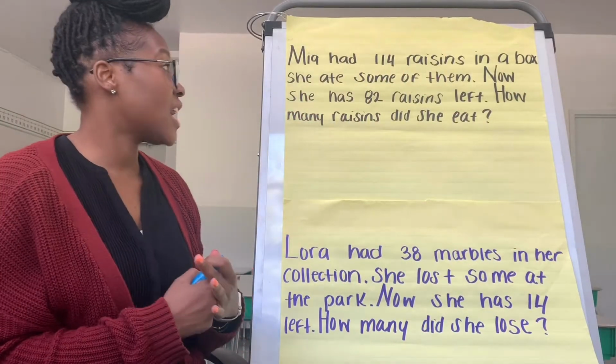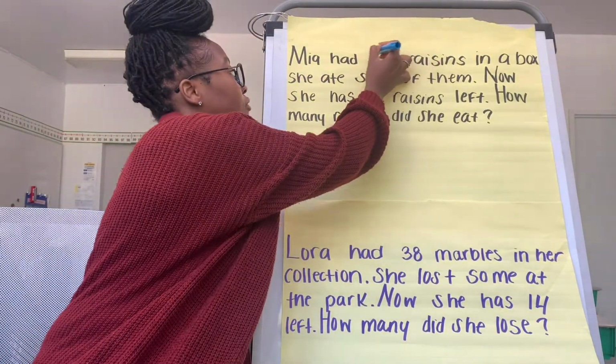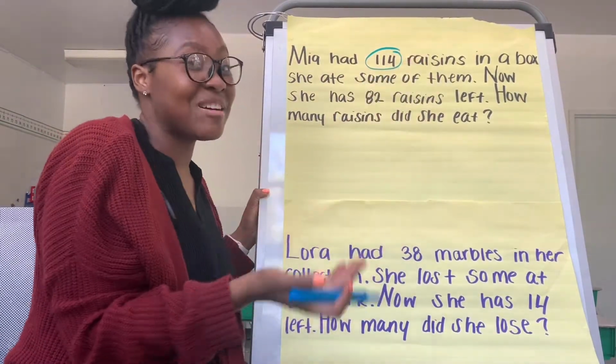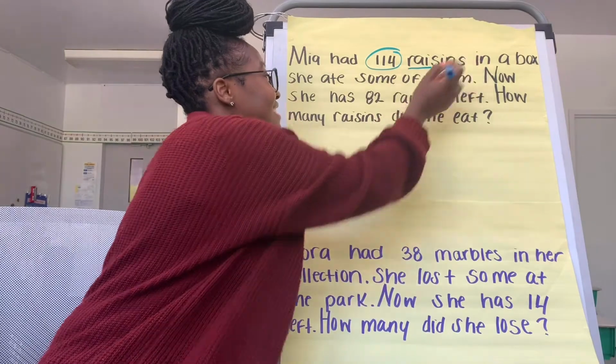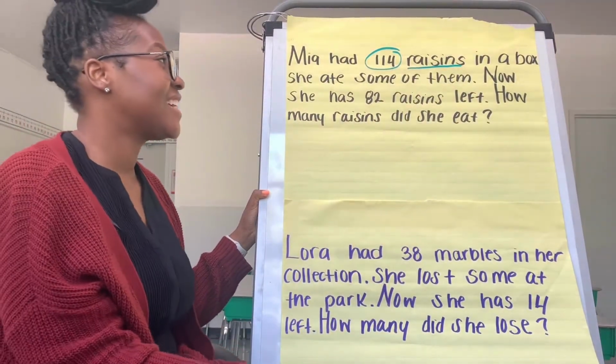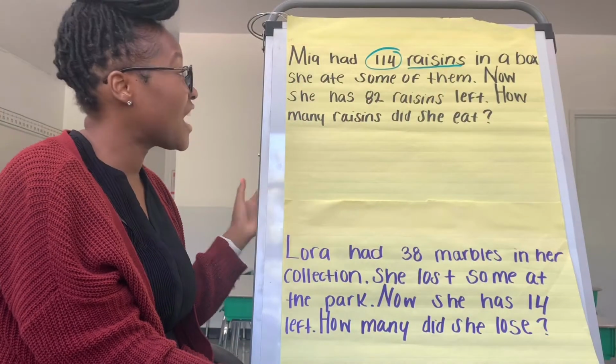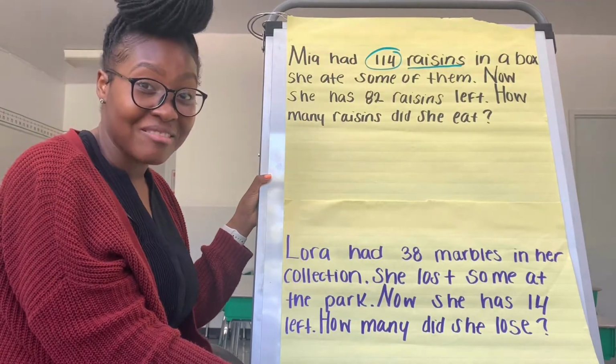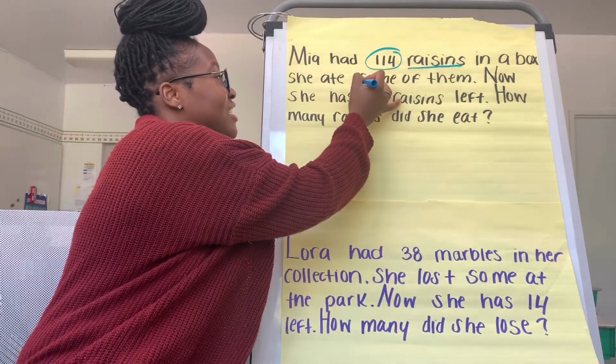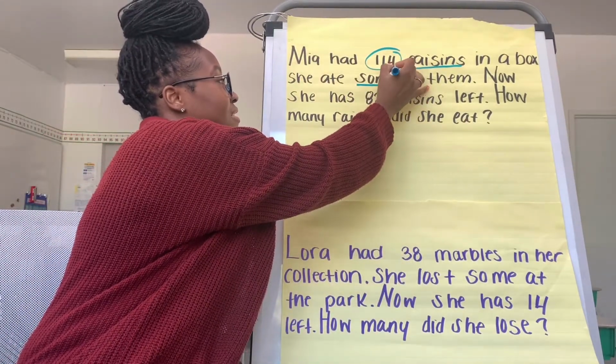Yes, we know that she has 104 raisins in a box. And what else? She ate some of them. Do we know how much she ate? No, we don't. We just know that she ate some of them.